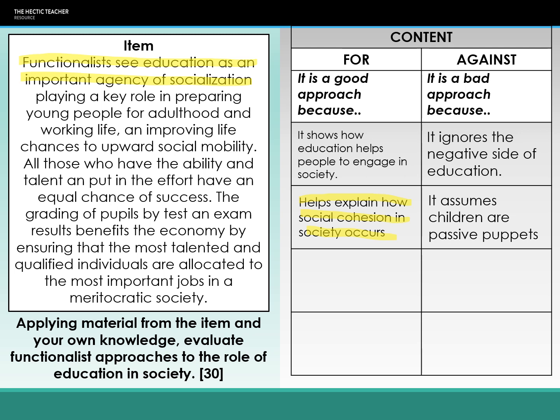Now remember, when you're using the item in your essays, you don't need to quote, you can paraphrase. And what that means is using the information and using the words, but turning it into more of a sentence rather than a quote. That's not to say you can't quote, but it feels clunky. It almost feels like you're chucking it in there for the sake of it without actually thinking about how you're using it. So it's better to paraphrase than it is to quote.